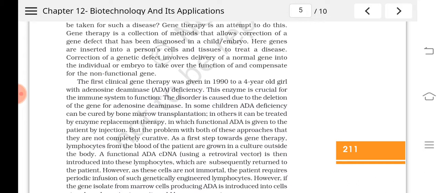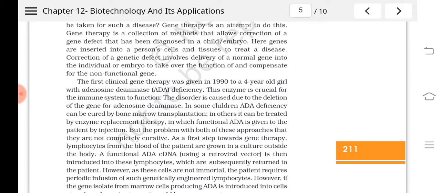This can be cured by some methods like bone marrow transplantation, or simply by providing external adenosine deaminase to the patient. So it can be treated in these two ways.